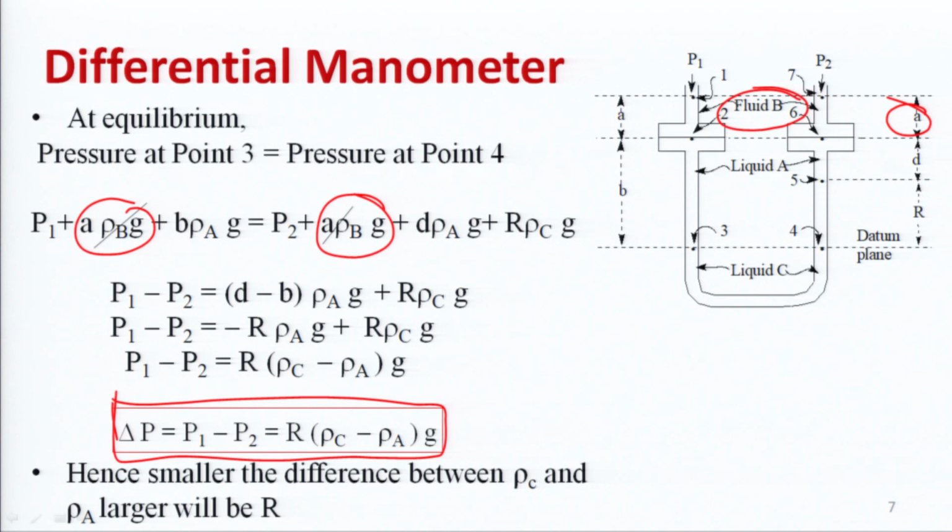That means, fluid B does not play any role in the determination of pressure difference with the help of this manometer, that is the differential manometer.